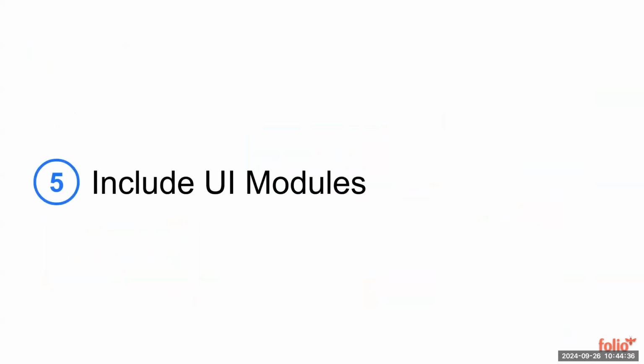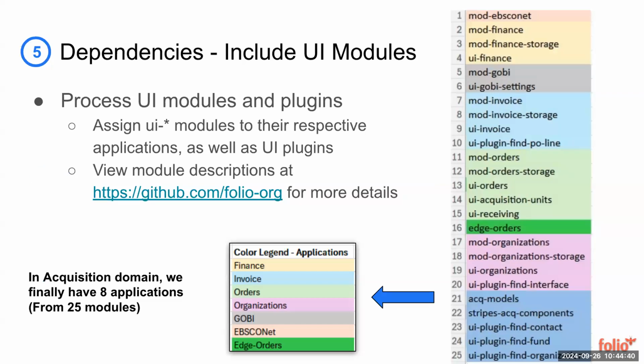Okay, so now we look at the UI modules. We can take the UI modules now, and pretty easily assign them into the proper grouping, color coding them together. So we pull in the orders here. We can pull in UIs related to the orders. We have similarly organizations, etc. So we're getting a pretty coherent picture now.